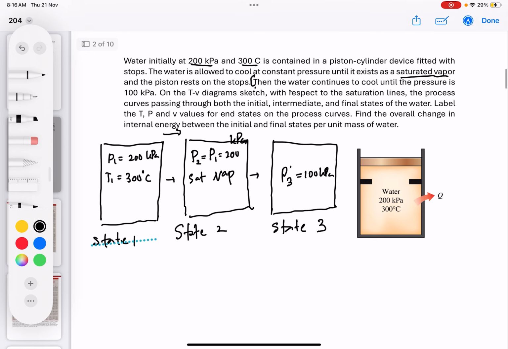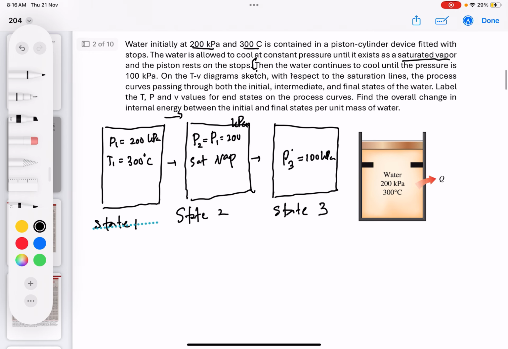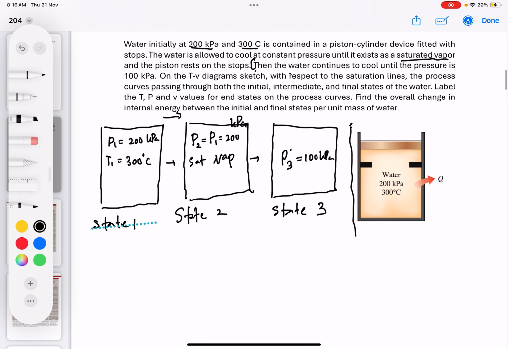Alright. If I explain using this diagram, initially it was this state, and then it was allowed to cool, meaning the piston is going to move down until it reaches the stop here.